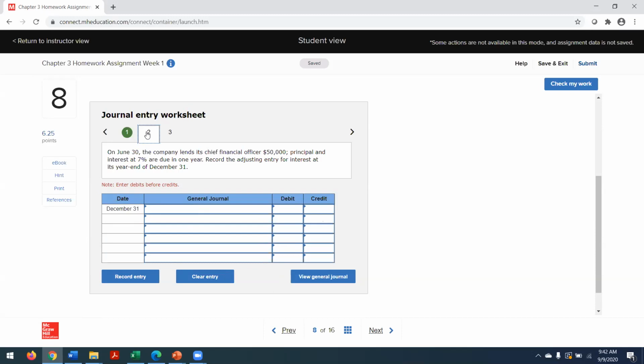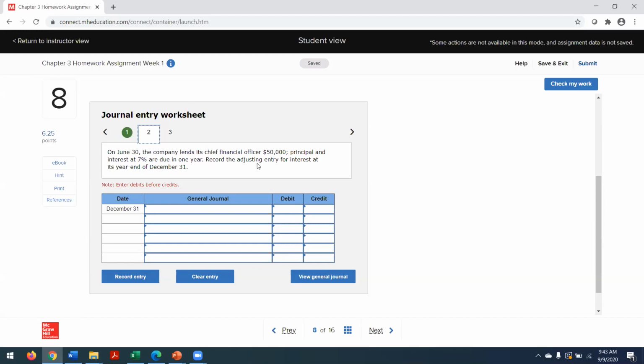Number 2, on June 30th, the company lends its financial officer 50,000. Principal and interest, 7%, are due in 1 year. But we need to record the adjusting entry for interest at the end of each year end. Guys, be aware. This isn't money we are borrowing.